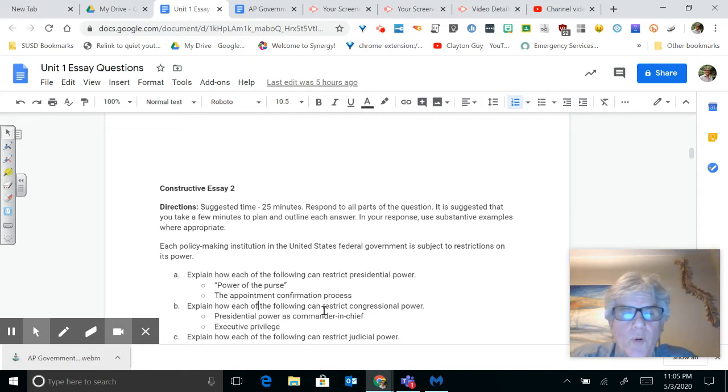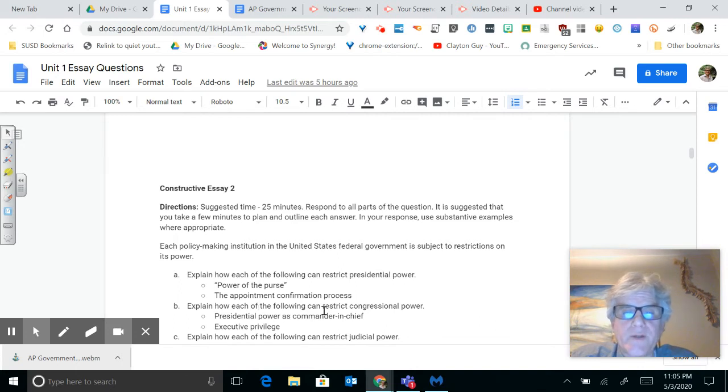For the appointment and confirmation process, the president can appoint judges, department heads, and ambassadors, but the Senate has the confirmation process, and they can deny any nominations, whether the nominees are qualified or not, based on political purposes, and that can restrict presidential power.